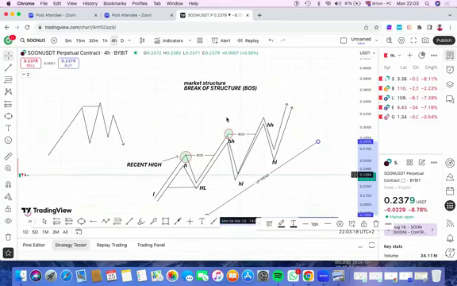You can unmute. Someone typed 3. Yes, recent low, and this now will be the recent low from this high.